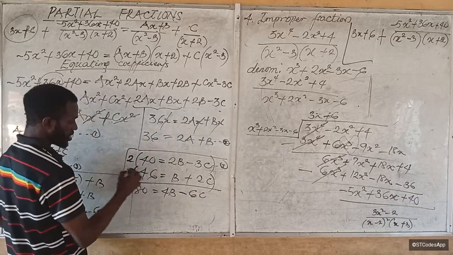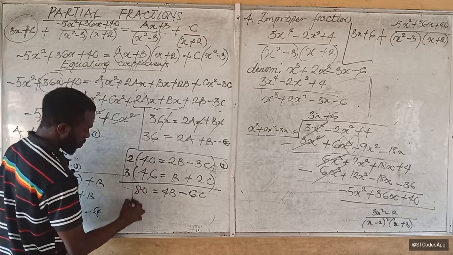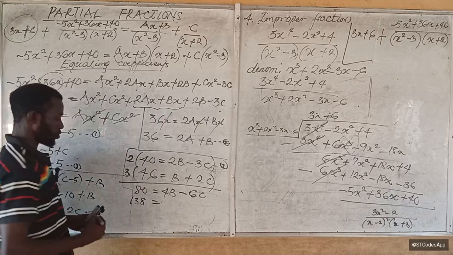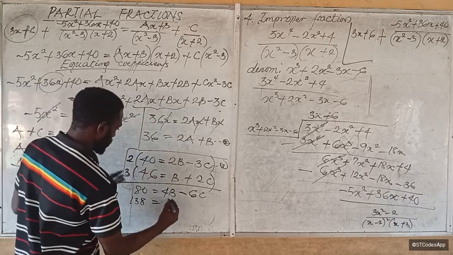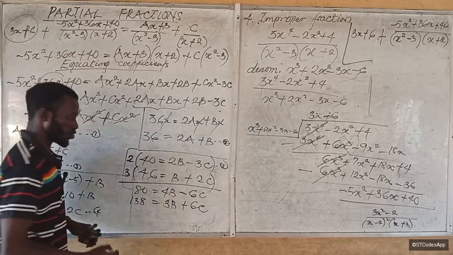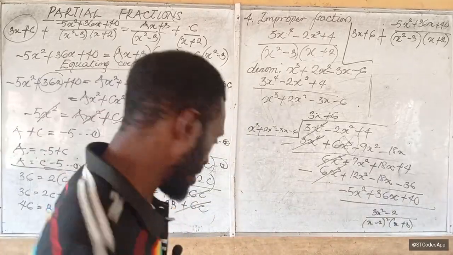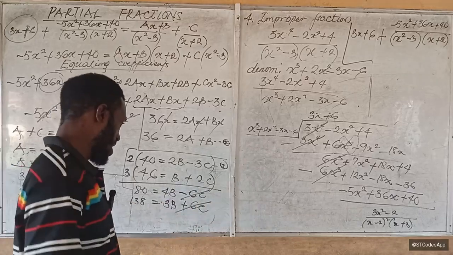And here we have 3 times 46. That will be 138 equal to 3B plus 6C. Okay, so we can now eliminate this using different signs, add, right? By the time we add this and this, we'll get 0.